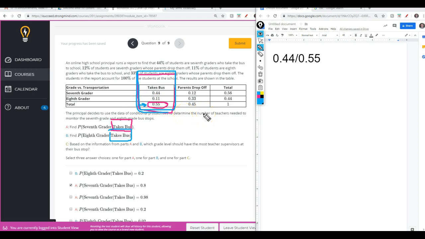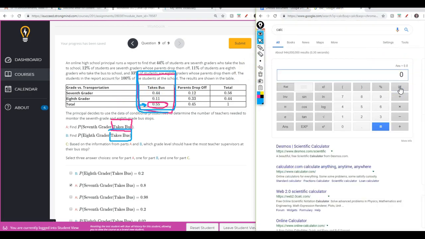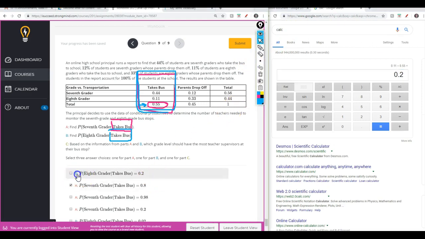And so we have it divided by 0.55 again. And now how many 8th graders? 11%, so 0.11 out of the 55%, so 0.11 divided by 0.55. That gives us 20% of the students who are taking the bus are 8th graders. So that's B right here, 20%.